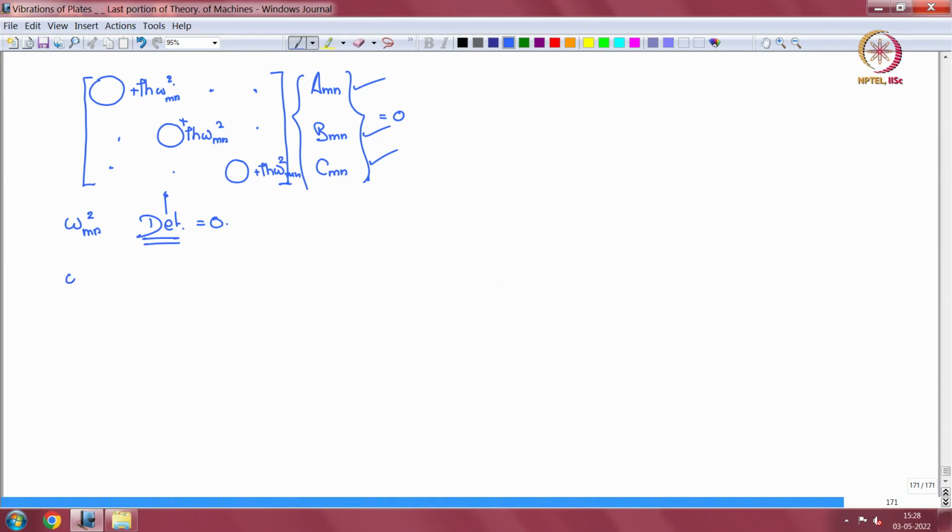So you will get a cubic in omega mn square. You will get a polynomial: omega mn square cubed into something, plus omega mn square into something, plus a constant. That is what you will get.